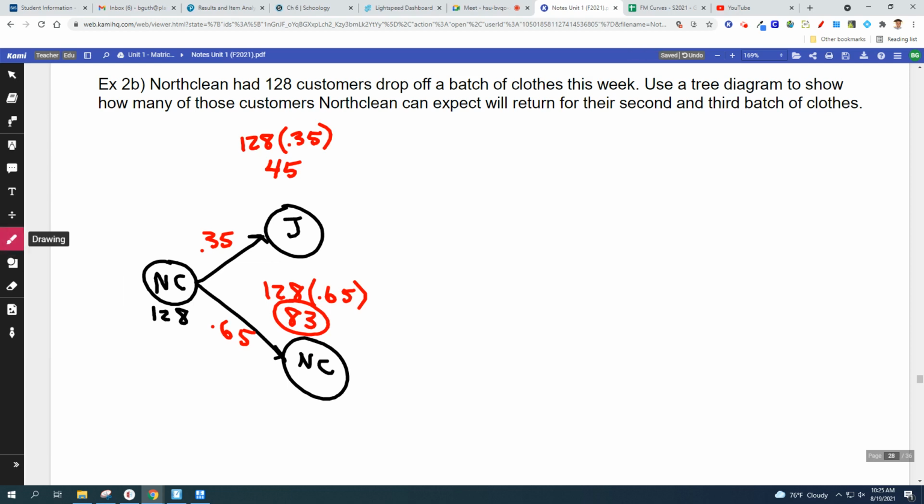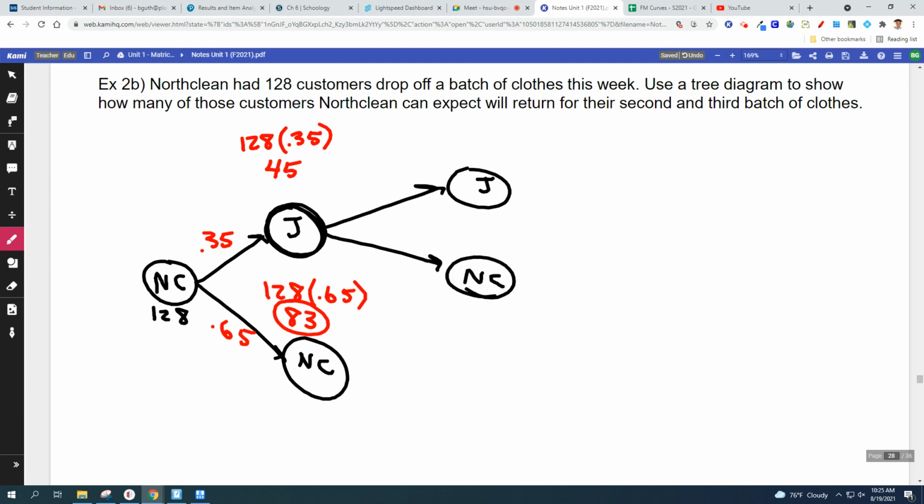So if we're at this Johnson right here, you've got two choices. Either you go to Johnson for your third, or you go to North Clean for your third. Okay? And Johnson to Johnson was 0.8, and Johnson to North Clean was 0.2. That's straight from the transition matrix above.